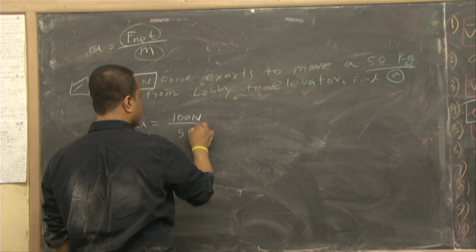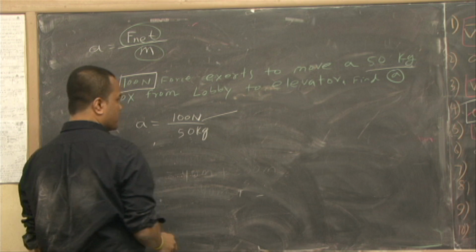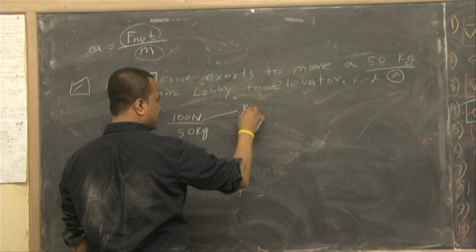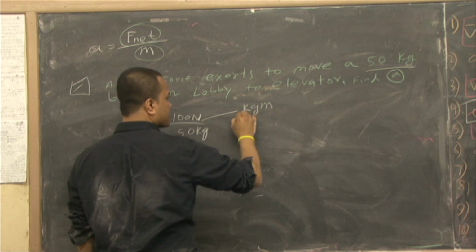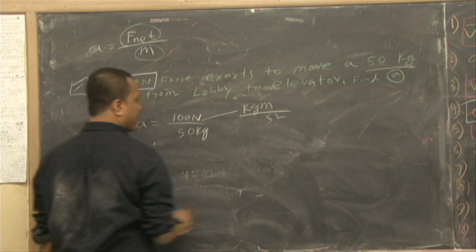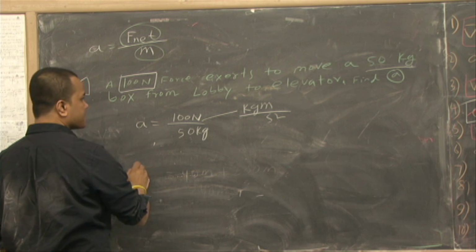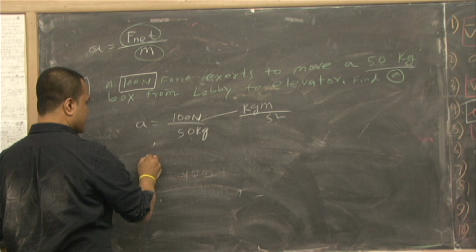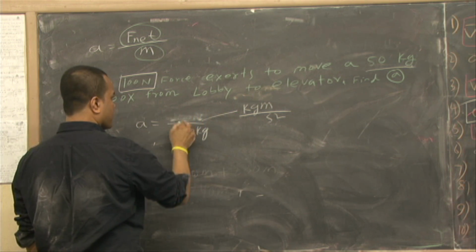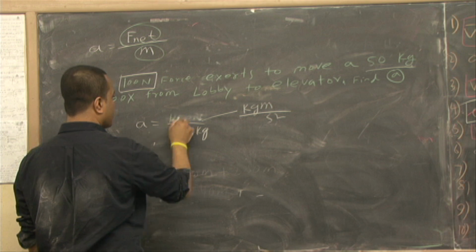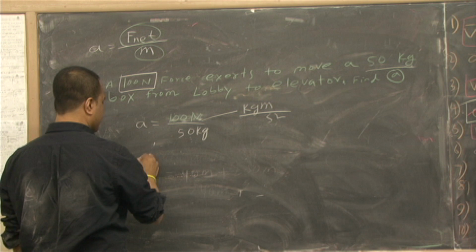All right, so one thing we have to remember is that Newton is kg meter per second squared. We have to keep that in mind, otherwise we're not going to get our math correct. So let's write Newton with green. So 100 Newton. I have a reason for that.